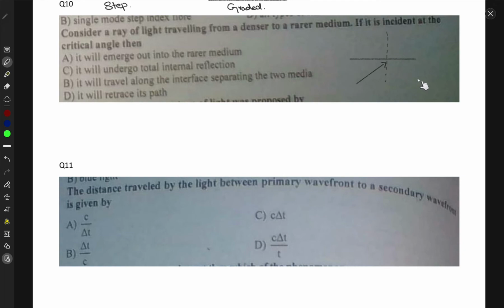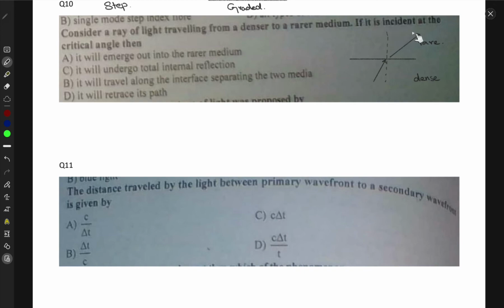If this is dense and this is rare, let me draw this ray of light a bit closer to the normal, because if the ray in the denser medium is closer to the normal, then in the rarer medium it will divert away from the normal like this.